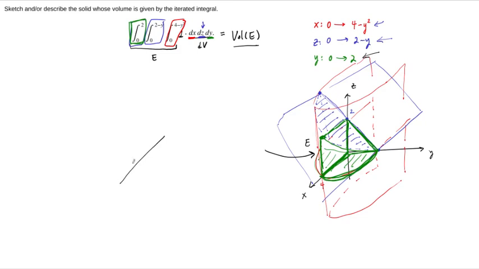It's bounded between the X, Y, and Z axes, it turns out. It goes out to this point 4 in this direction, so this edge is part of it. It goes up to z equals 2 in this direction, and then it goes over, downward, toward y equals 2 in this direction. Okay, and so then how's everything filled out here?